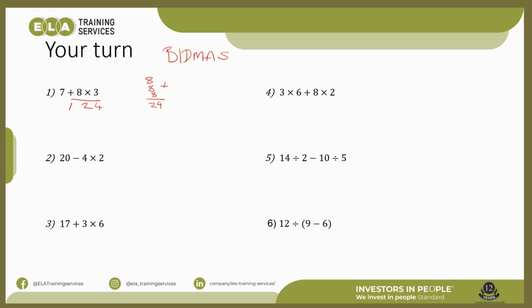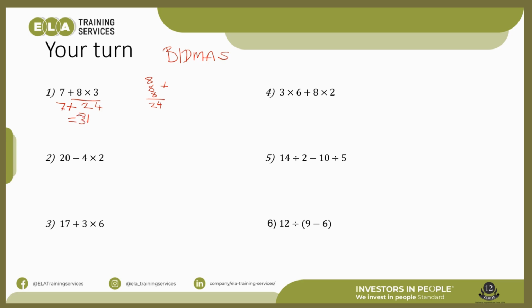Fill in the blanks. 7 plus 24, which gives us an overall answer of 31. Oops, my pen's decided to not work right now.